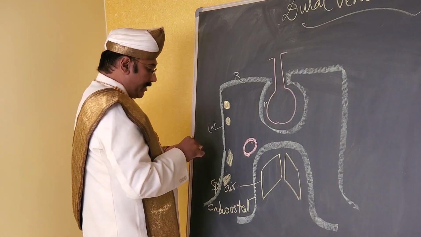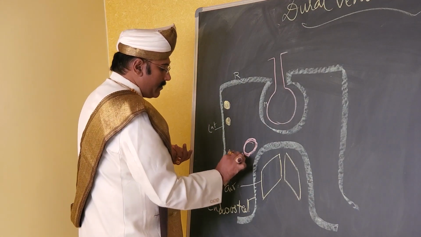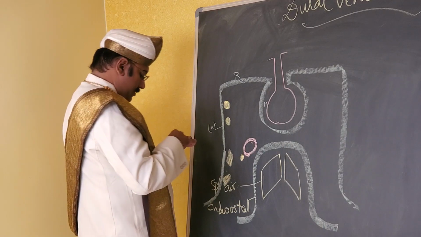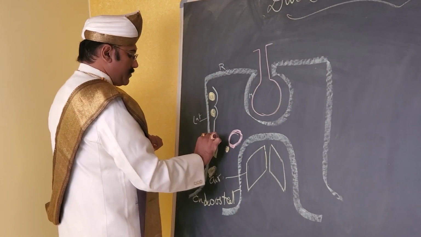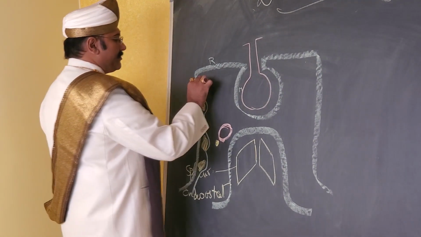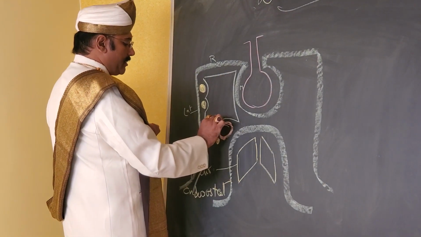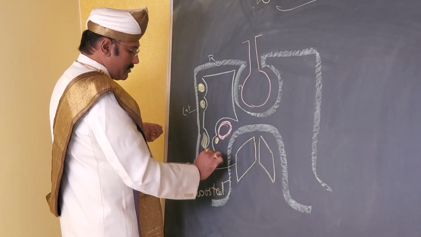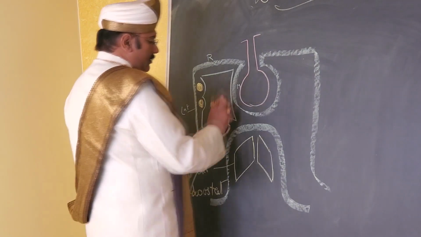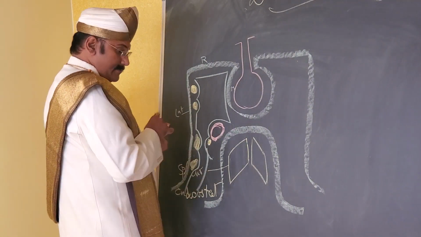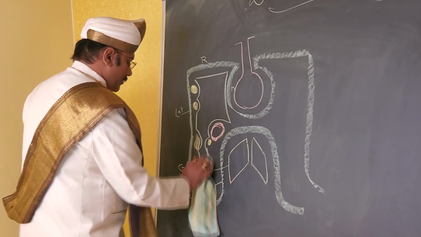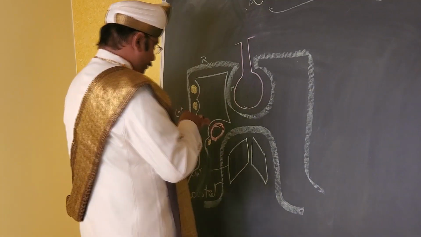Inferolateral to the internal carotid artery, you have the trochlear nerve. Are you able to understand? So here we are just trying to appreciate the contents present in the lateral wall, and now this is the content of the cavernous sinus that we are trying to draw. I hope you are able to appreciate.